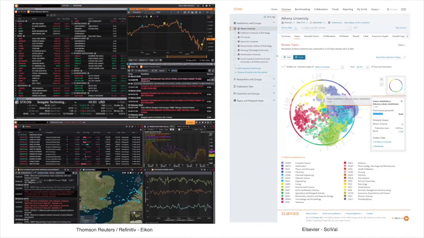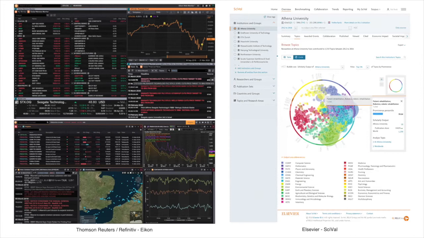Let's launch in. So what is enterprise software? Just to make sure that we're on the same page. Well, for me, in the past 10 years, I've been working as a designer or leading designers at a couple of large companies, both FTSE 100 companies, Thomson Reuters and Elsevier.